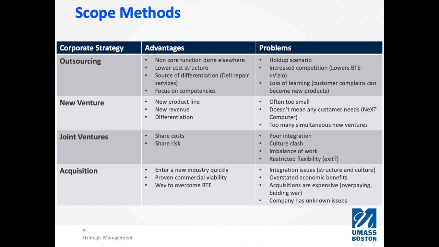Culture can be a problem in a joint venture. Integration issues, culture can be a problem in acquisitions. So just make sure that you understand that there's different advantages and problems for these various scope methods. This would be a very good thing to test on, say, a test or a strategy worksheet, that kind of thing. Great multiple choice questions.